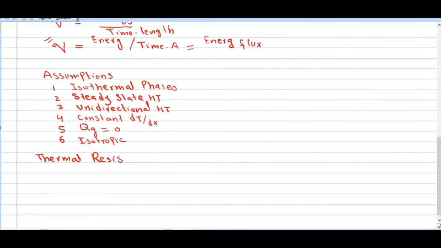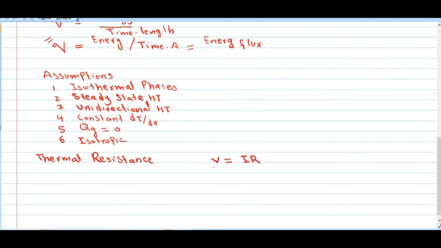So, for conduction, before defining thermal resistance, we should first review the flow of electricity through a conductor, which is defined by Ohm's law, that V is equal to I into R.